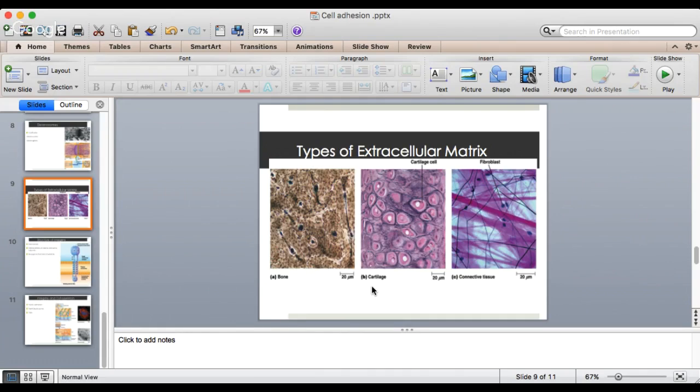Next, we have the cartilage. The cartilage is much more flexible than the bone extracellular matrix, and it contains a lot of proteoglycan. And lastly, the connective tissue, which is usually underneath the skin, and it has a gelatin-like extracellular matrix that contains scattered fibroblast cells.